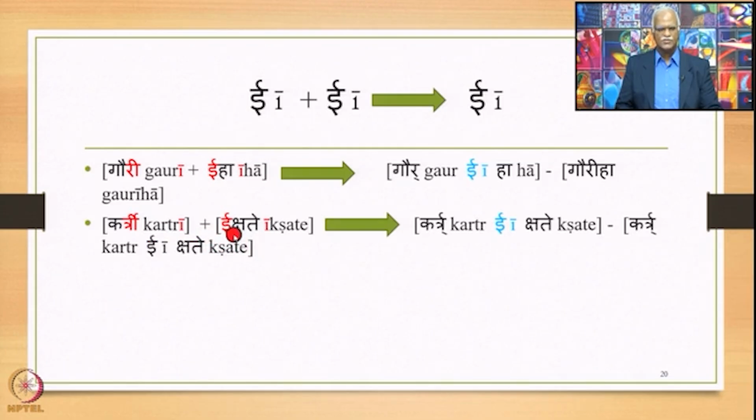But the sutra does not specify that, it says that in place of both of them substitute the dirgha, and that is the reason why we substitute only E over here. So we have Kartra E and Kshate, that is Kartri Kshate, that is the resultant output generated by the application of Akassavarne Dirghaha 6.1.101.